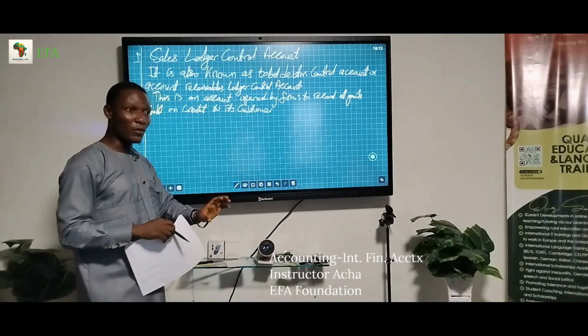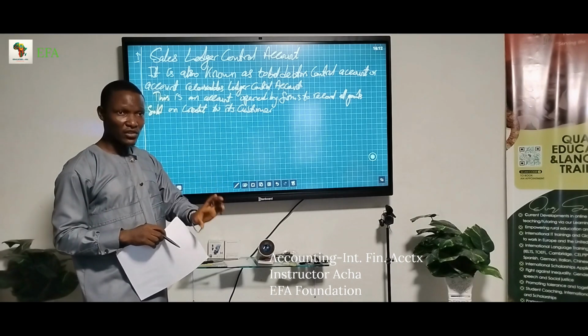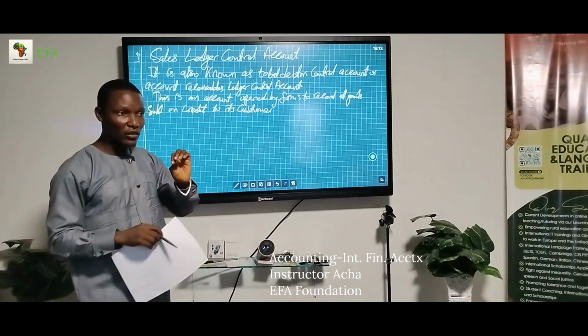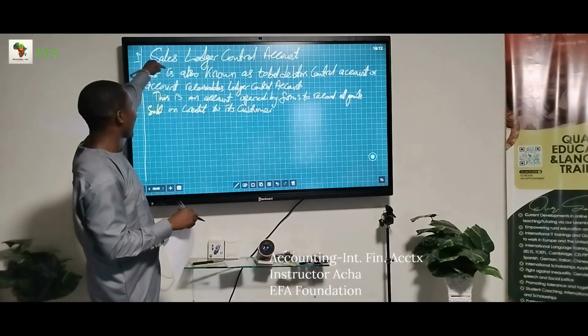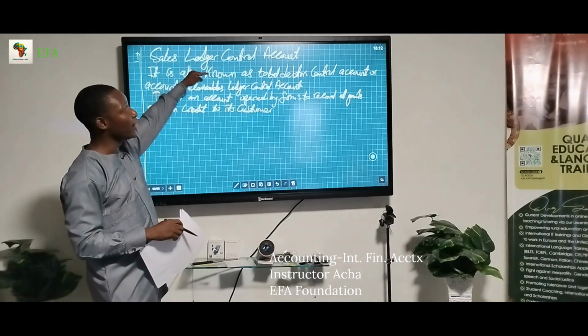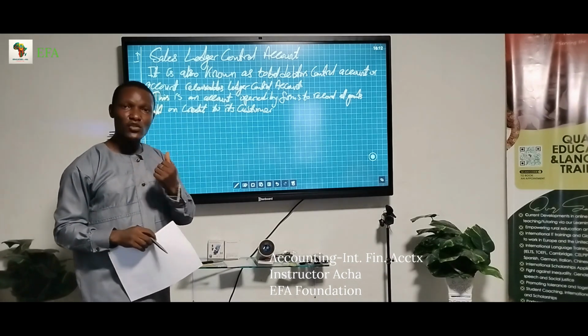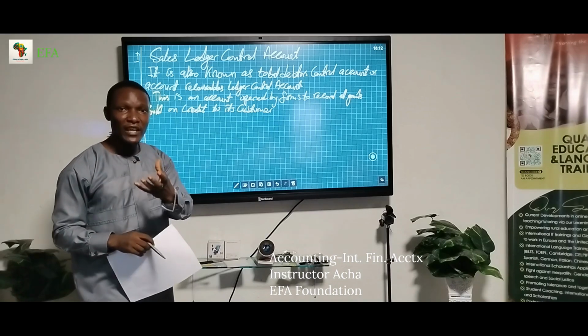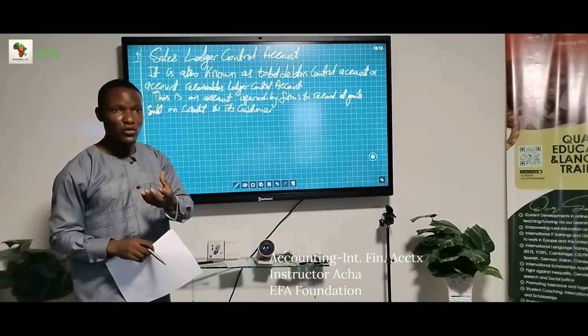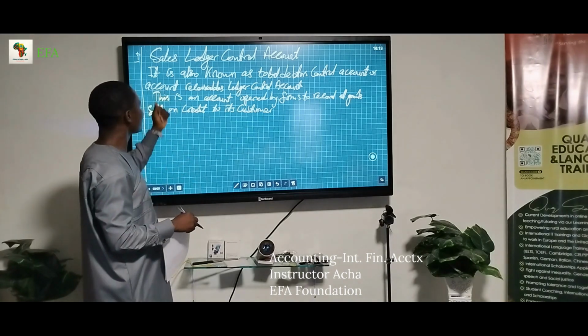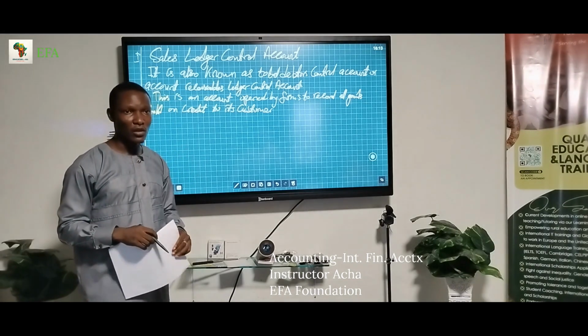The information recorded in the sales journal is later transferred to this account known as the sales ledger control account. What are the sources of information? Where do we get information that enables us to present this sales ledger control account?